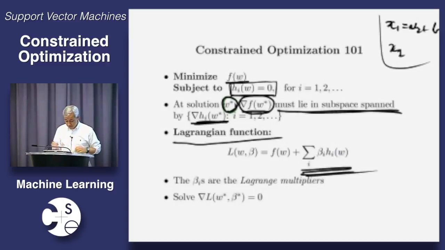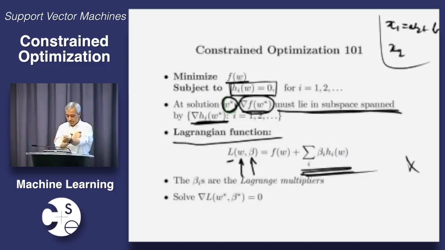The Lagrangian function, usually denoted by L, is going to be a function of two things: the weights, in our case, or whatever we're trying to optimize over, plus a new set of variables, the betas, that are the Lagrange multipliers. The famous Lagrange multipliers. Usually, lambda is used for Lagrange multipliers, but in support vector machines, people use beta, because we're going to use alpha for something else.